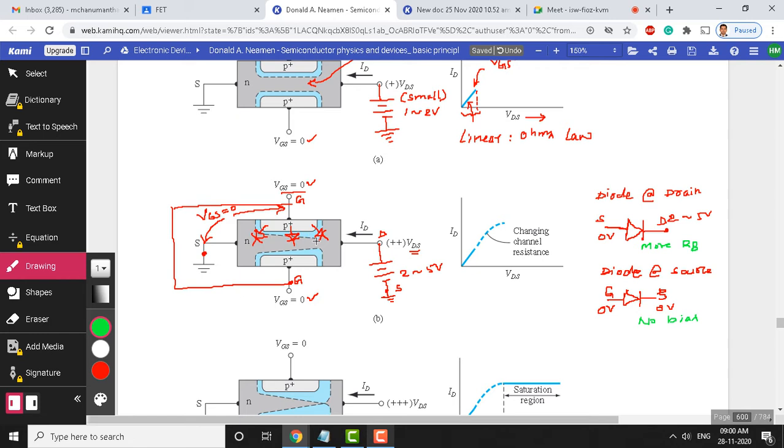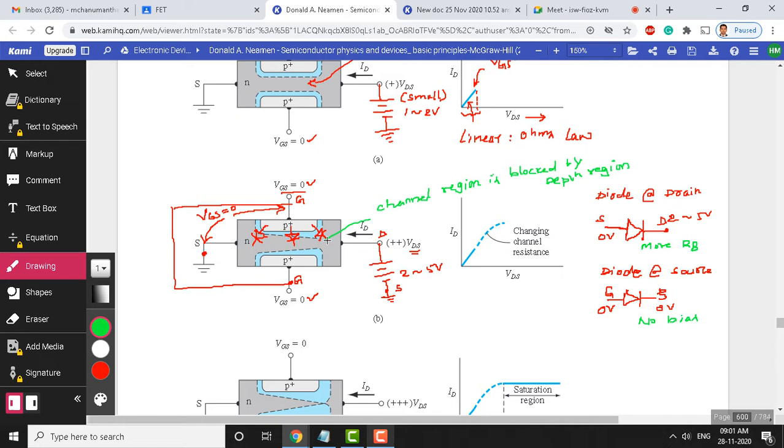But look at the channel region here, it is blocked by this depletion region because the diode becomes more reverse biased.